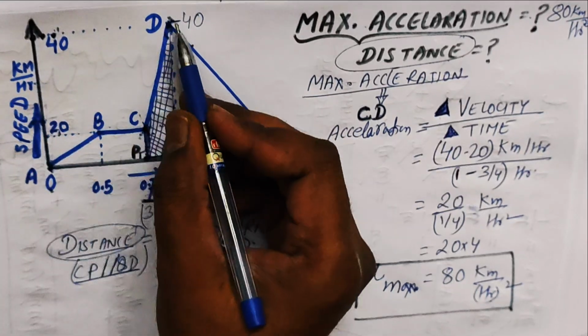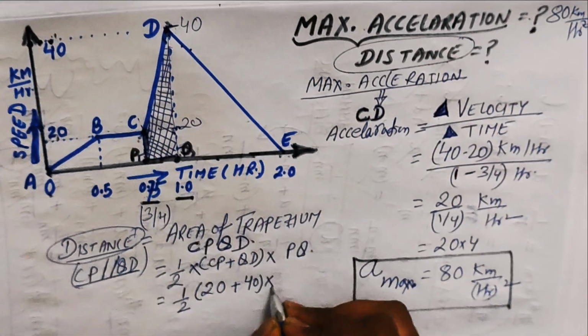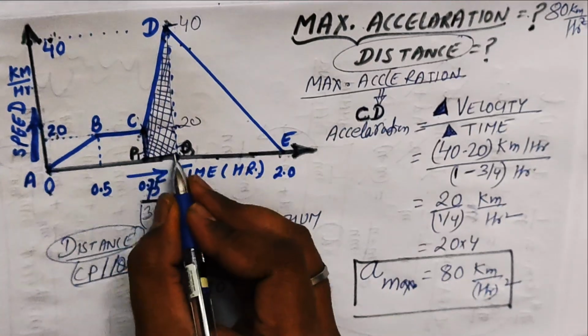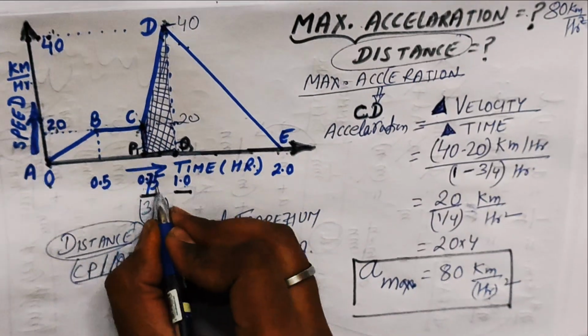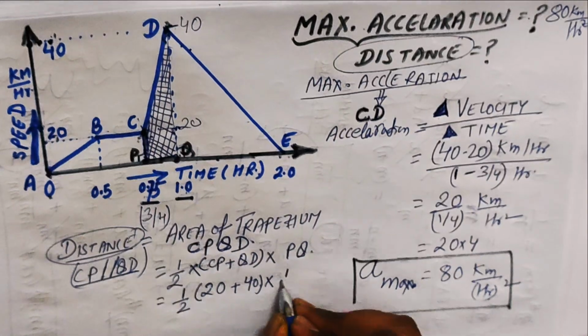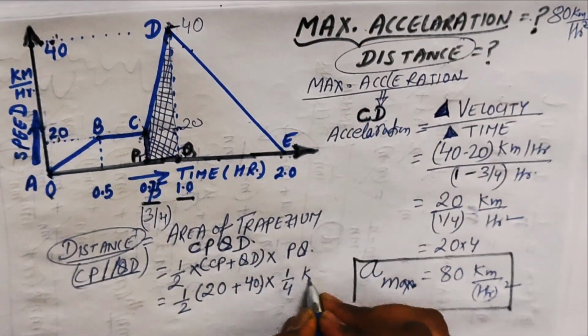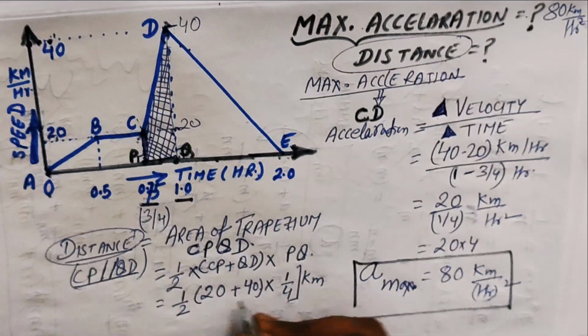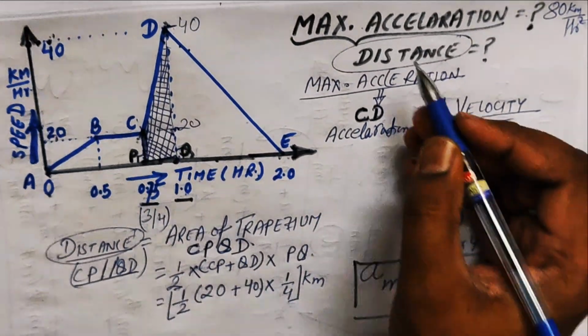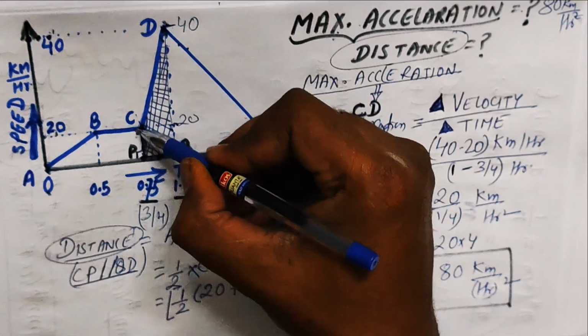So when we extend this, you will get the length of QD, which is 40. Now PQ. The PQ is 1 minus 0.75, that is 1 minus 3 by 4, which will give you 1 by 4. Right? So this much of kilometer is the distance covered during the moment when this train attains the maximum acceleration, that is from C to D.